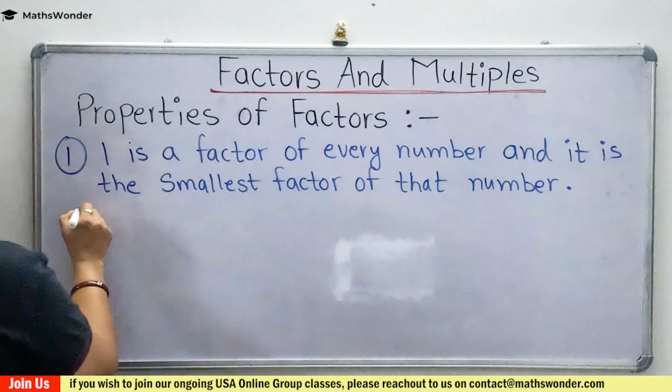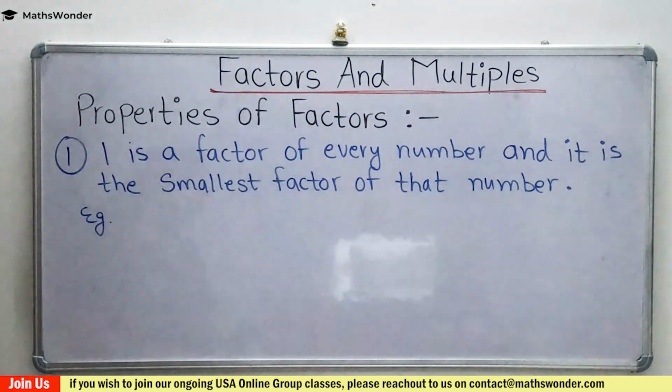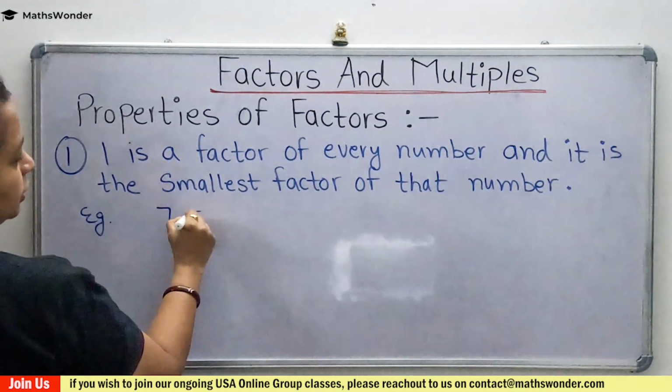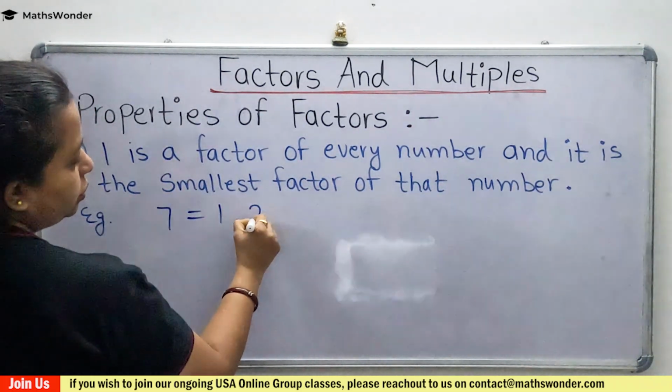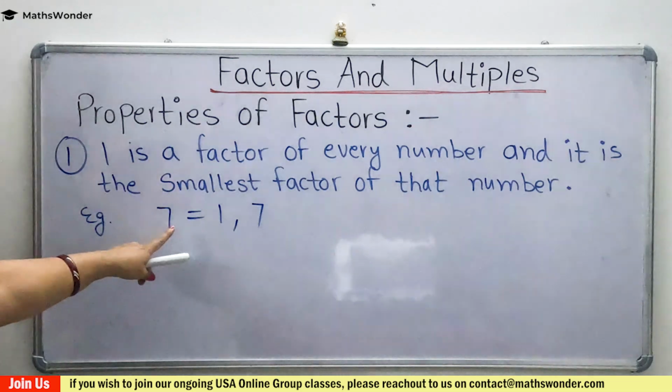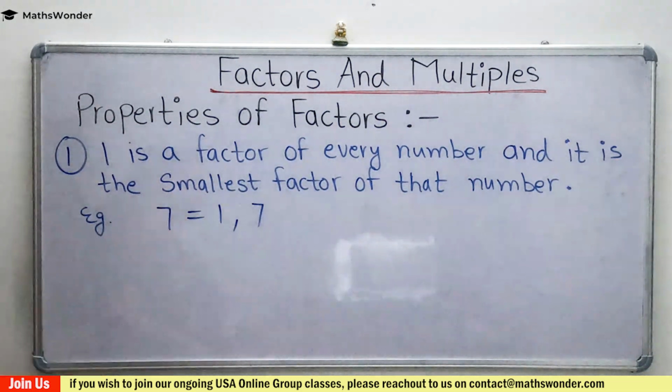How? Now I am explaining. For example, we can take any example. Suppose 7. When you find the factors of 7, 1 and 7. So 1 is a factor of 7.